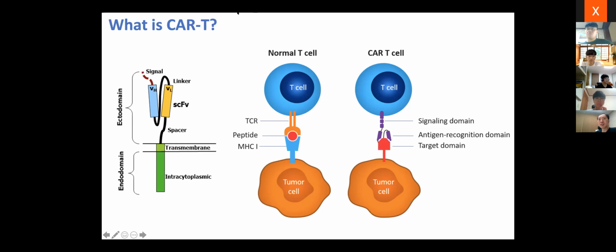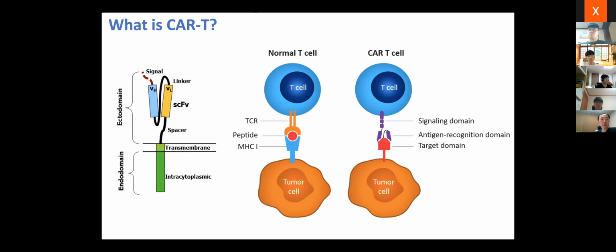But if you have another target domain here, the target can be a huge protein or a small peptide just expressed on the cell surface, without needing MHC-assisted presentation. So that's why CAR T has a different mode of binding. Some difficult targets that are hard to present by MHC can also be targets of these CAR T receptors. So that's another unique part of CAR T.